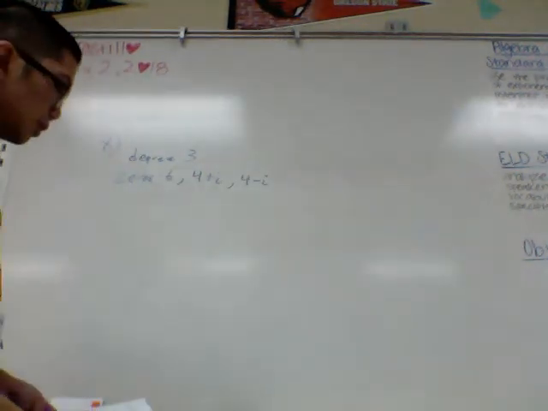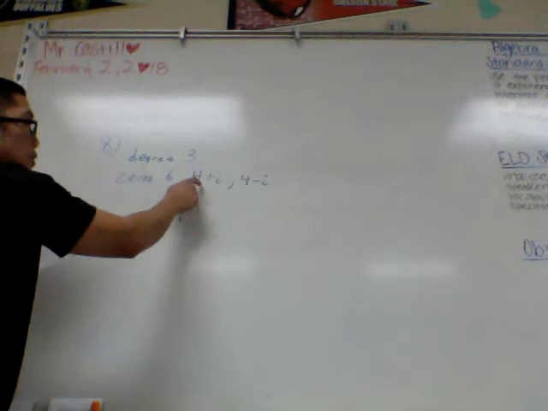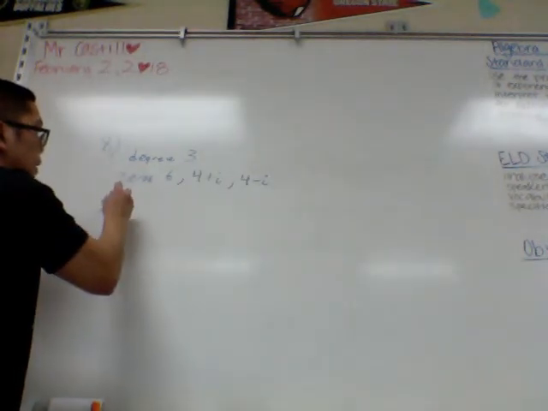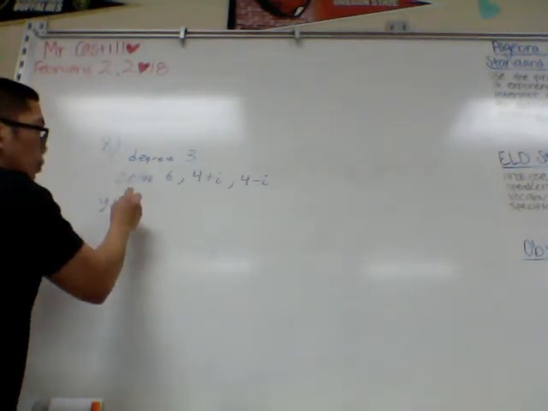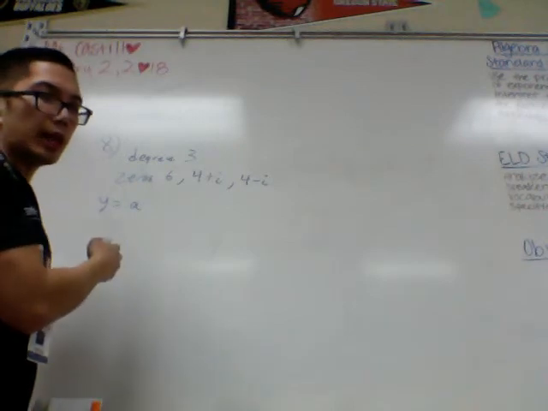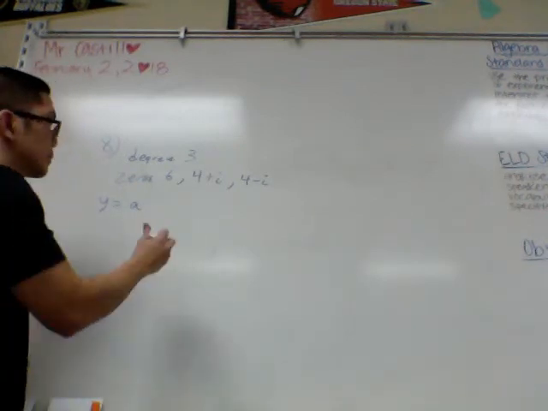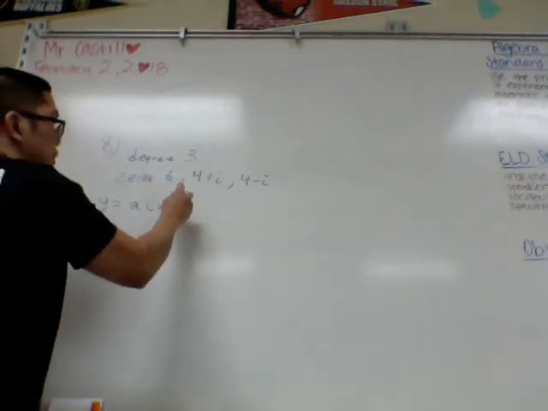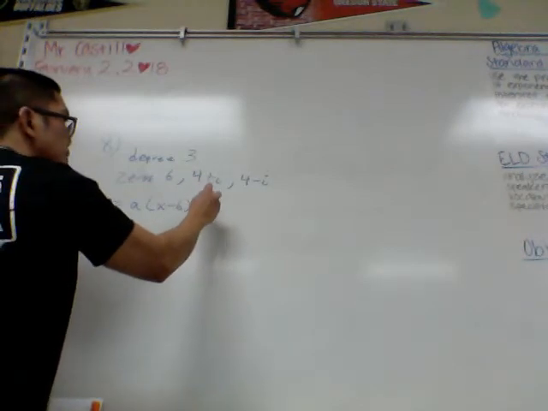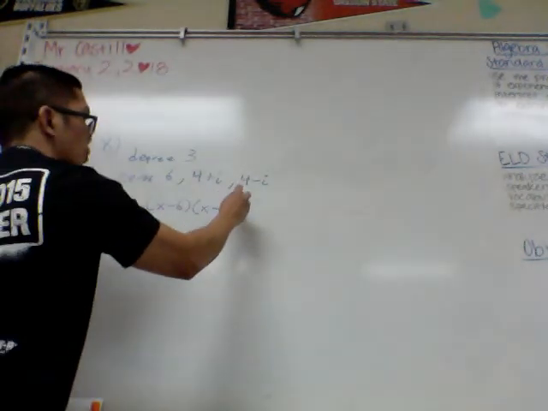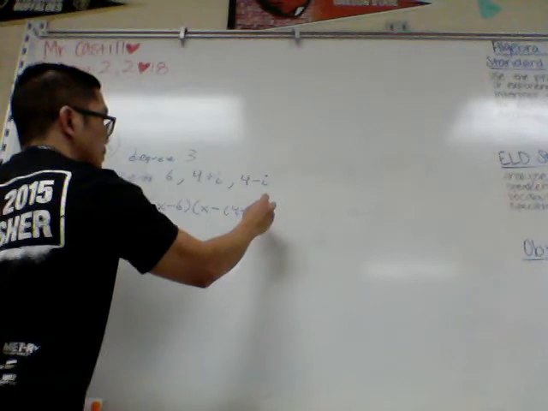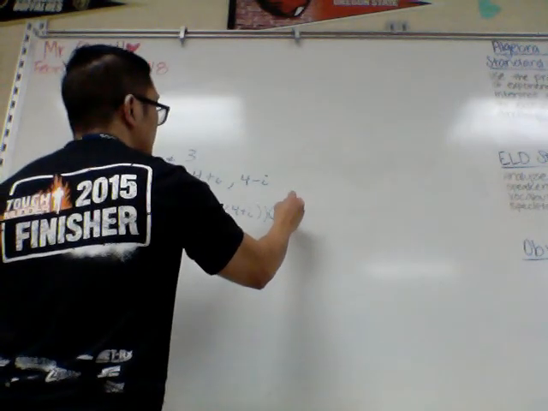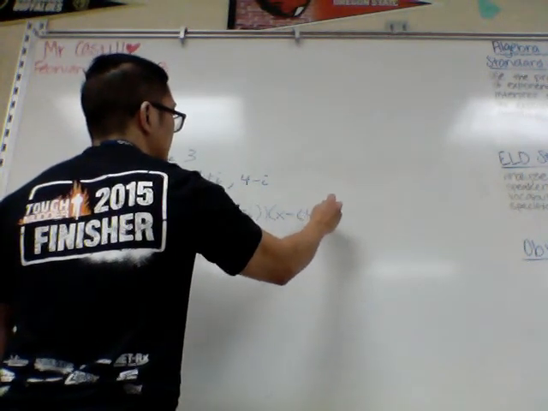So since these are the zeros, we could write the factors as y is, we're going to put an a here, but obviously the a will be 1. There's no restriction here. But we will put x minus 6, x minus this 0, which is 4 plus i, and then x minus 4 minus i.